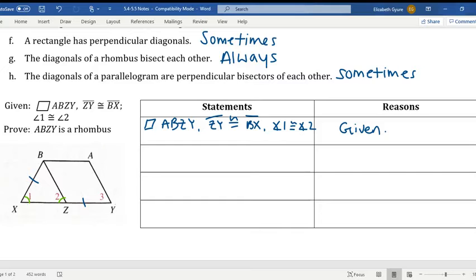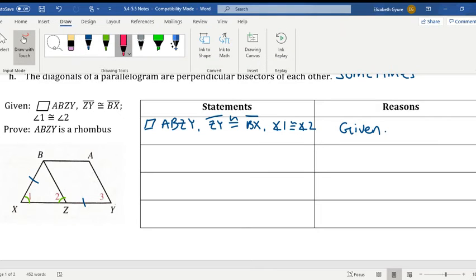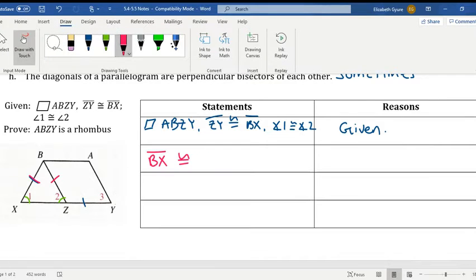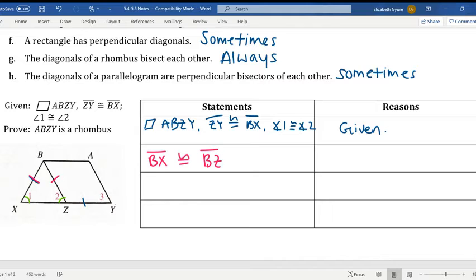Exactly. That is where I would go as well right away. So we are going to say first that segment BX is congruent to segment BZ, by the isosceles triangle theorem.